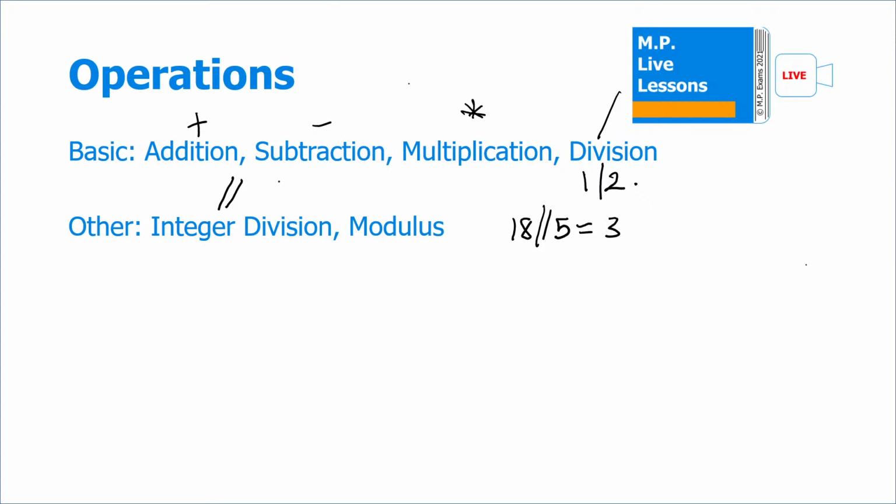Whereas the modulus is represented by a percentage sign, and this works out the remainder. So what remains after integer division?